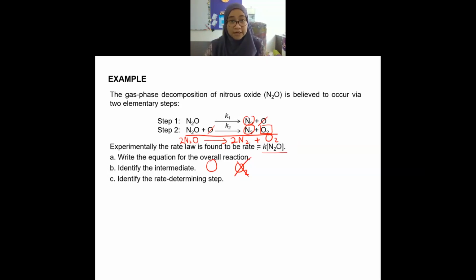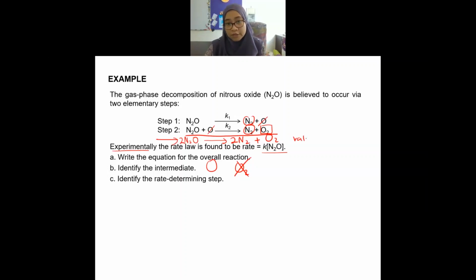So this would be the experimental rate law, the rate law of the overall reaction. Because when we talk about experimentally, that means it is referring to the overall rate law.